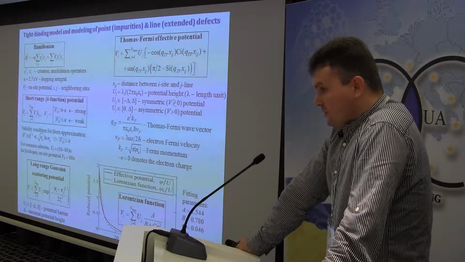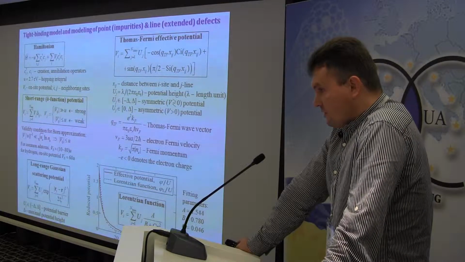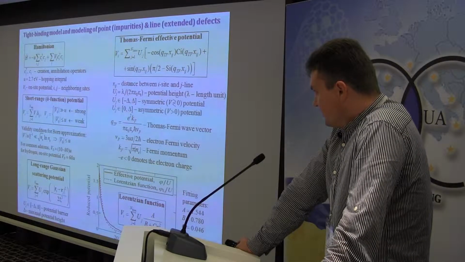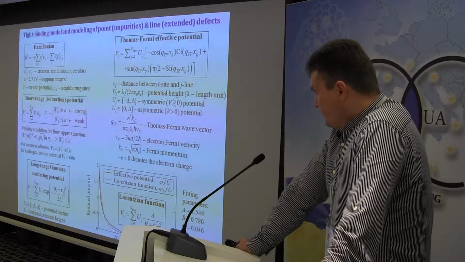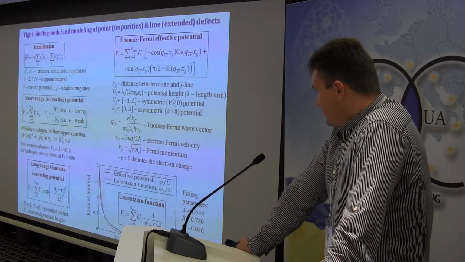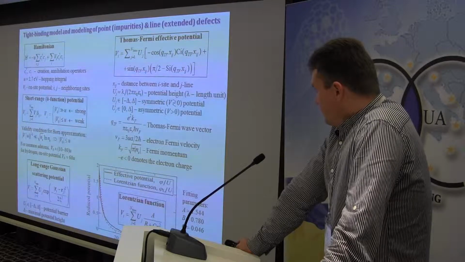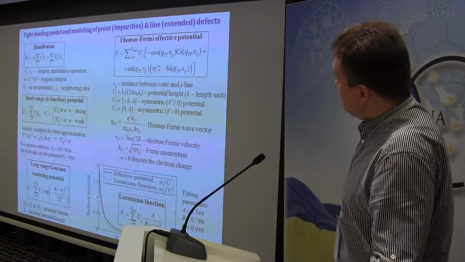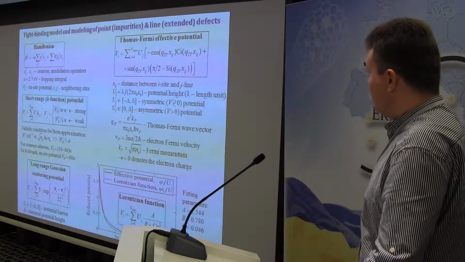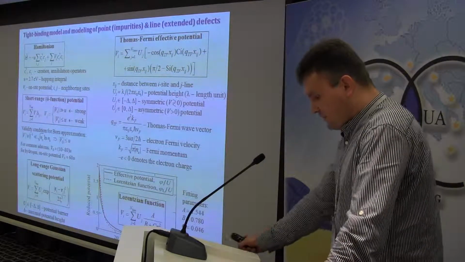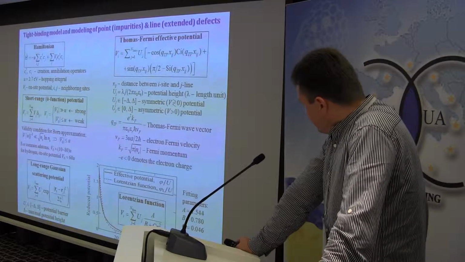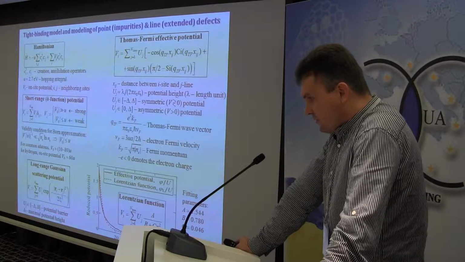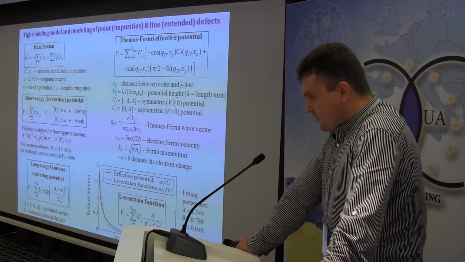If we want to model charged screening impurities, we use the long-range Gaussian scattering potential, commonly used in articles in the literature. And also we model line defects in graphene. To do it, we use a self-consistent approximation from Thomas-Fermi, and we use an effective potential. We consider symmetric and asymmetric potential. When I say symmetric, it means that the potential may be positive and negative.